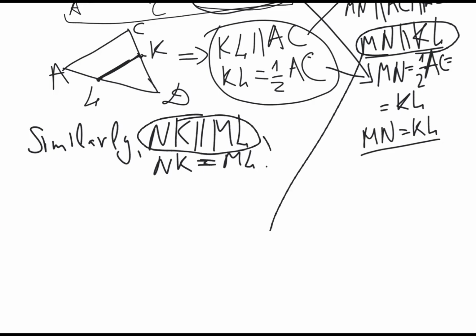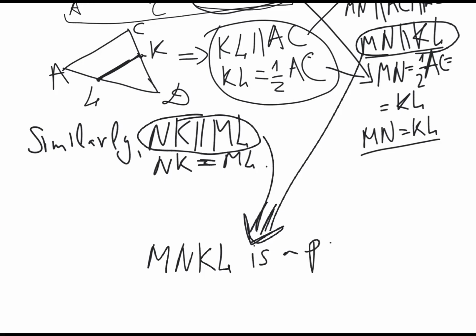So this and this imply that MNKL is a parallelogram. And this concludes the proof.